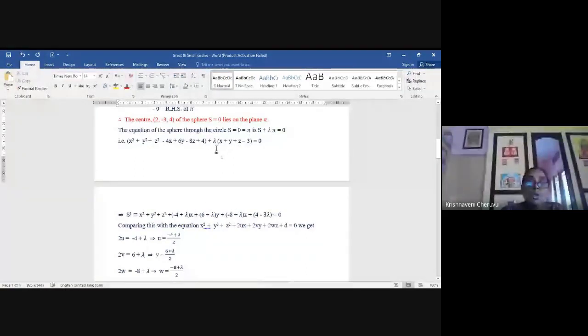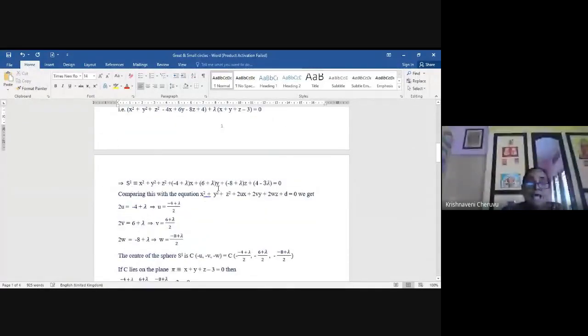To get the λ value, here I'm comparing this with the general equation of the sphere. Here the x coefficient is 2u, and here the x coefficient is −4 + λ. So 2u = −4 + λ, from which you get u = (−4 + λ)/2. Next, you compare the y terms.